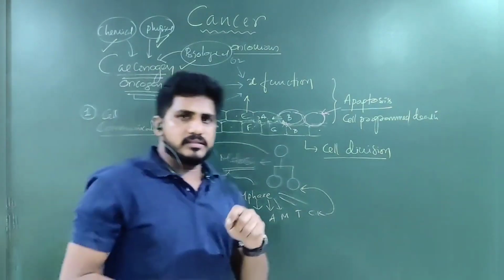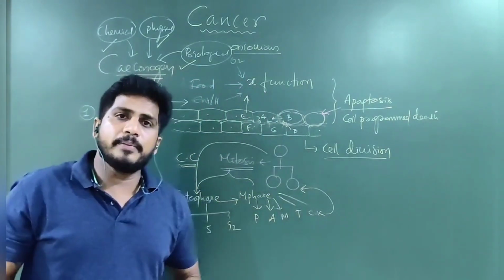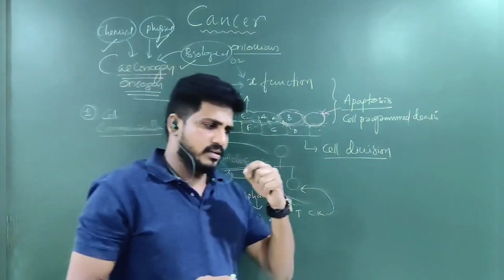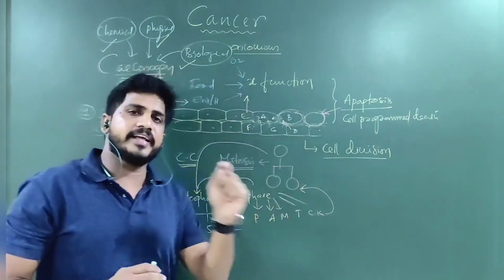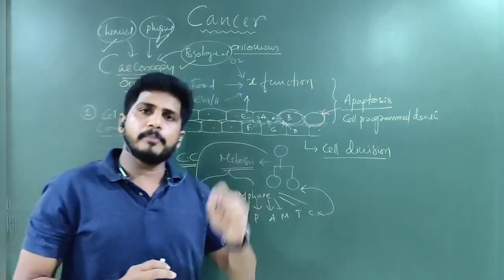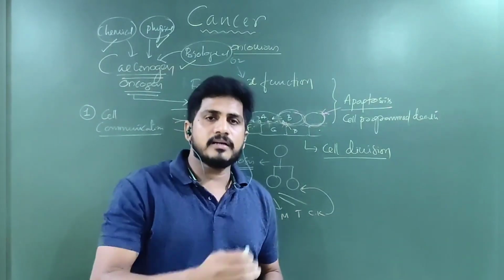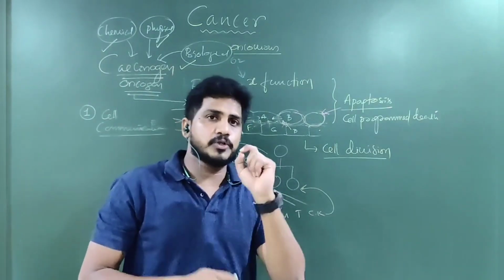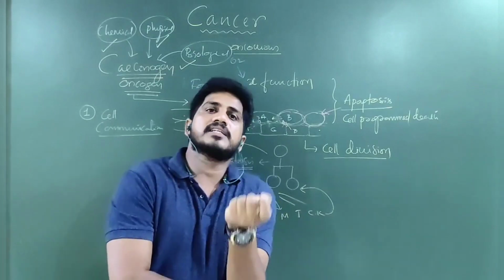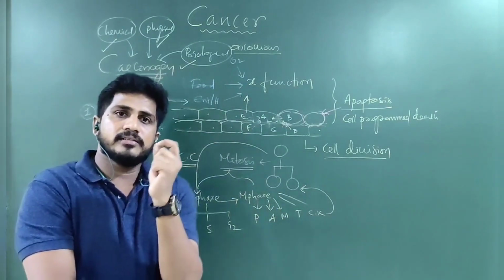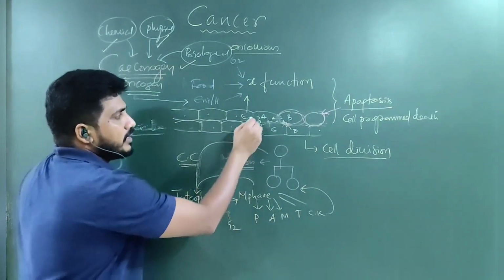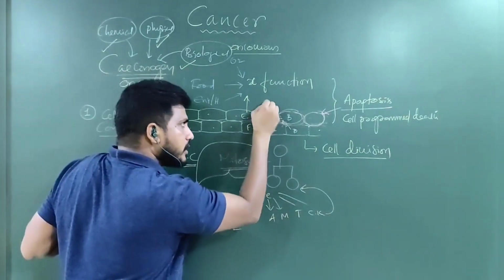Suppose a person has a habit of smoking, a chain smoker. Every day he smokes about one packet of cigarettes. Then a couple of years after, the tobacco acts as a carcinogen in his body. That tobacco disturbs the communication of a particular cell.